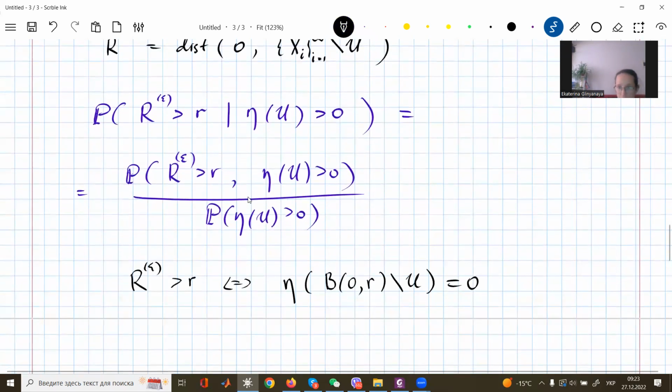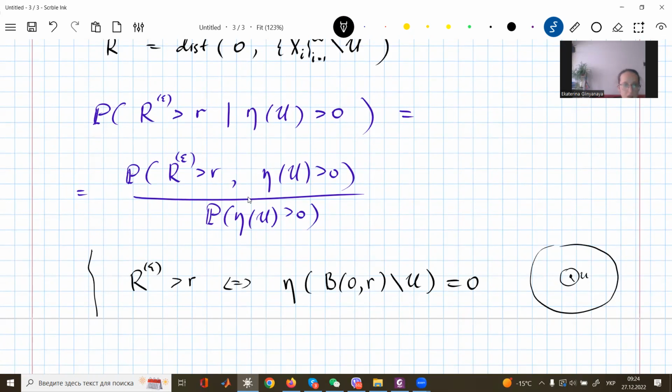Indeed, this is my ball U, and I say R_epsilon is bigger than r.